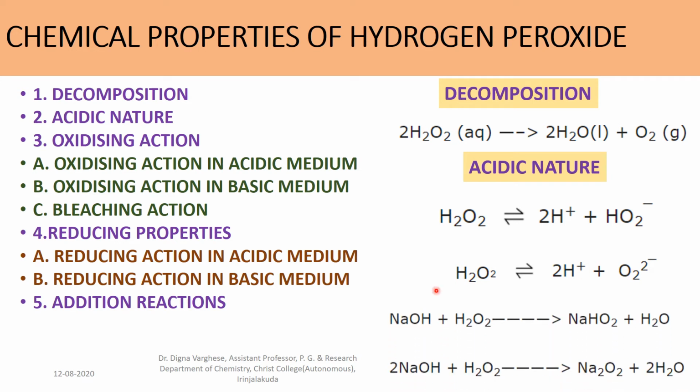For example, sodium hydroxide treated with hydrogen peroxide gives sodium hydroperoxide, and in this case we will get sodium peroxide. So hydrogen peroxide gives two series of salts, since in aqueous solution it dissociates as proton and hydroperoxide or protons and peroxide.